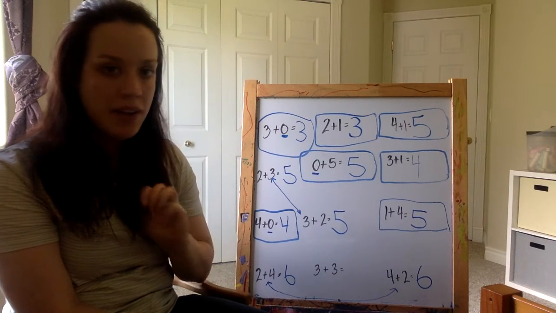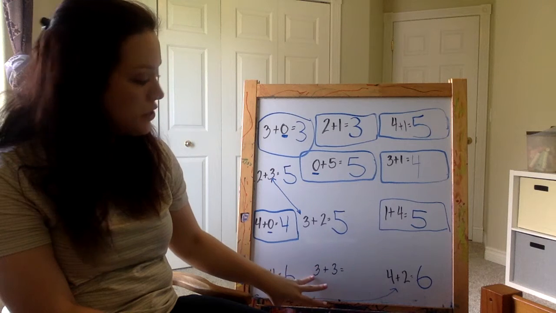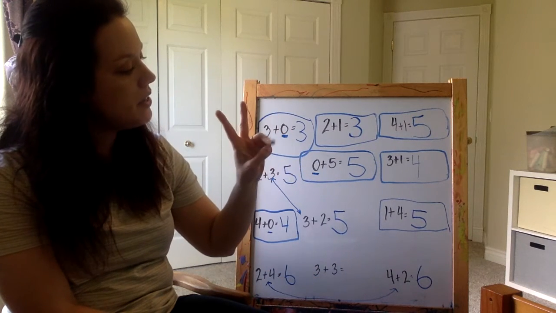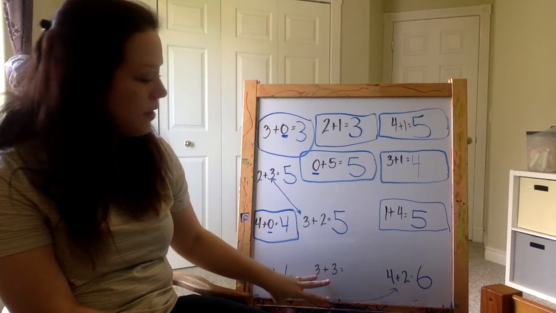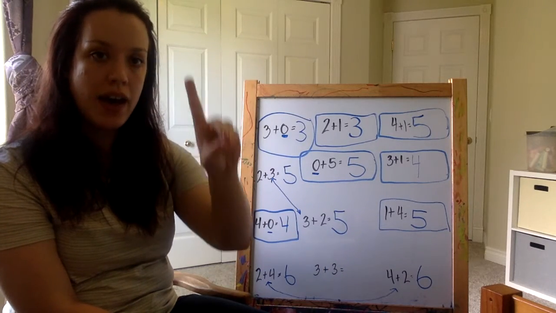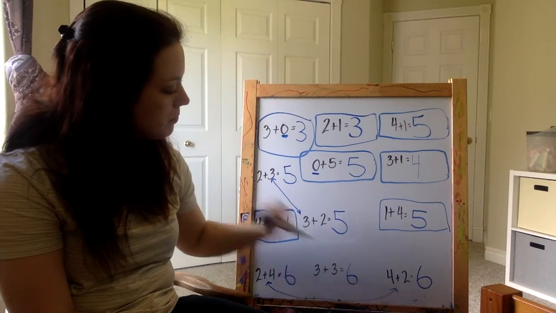Did you see how I did that? I put up the 3 fingers I was adding, started with the first number, 3, and every time I counted, I put fingers down so I knew when I was finished. 3, 4, 5, 6. 3 and 3 makes 6 also.